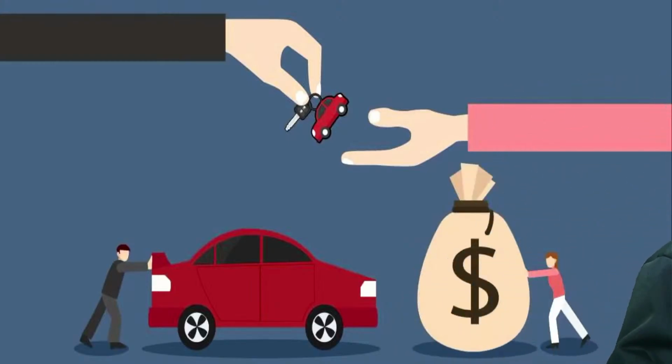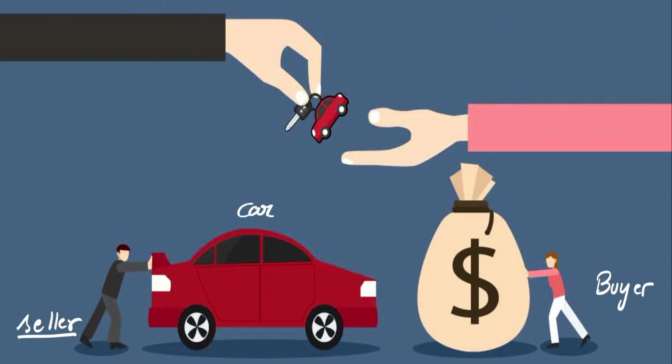This person is called the seller, and this person is called the buyer. The seller wants to sell the car to the buyer, and the buyer will give the price for that particular thing.